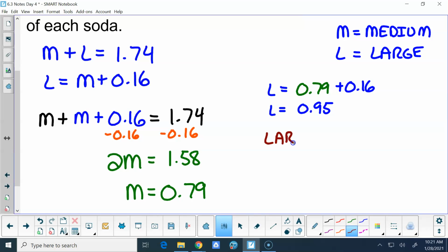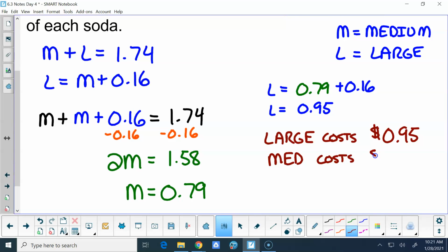Both make sense. Add those two together, and we got 4 carry the 1, $1.74.